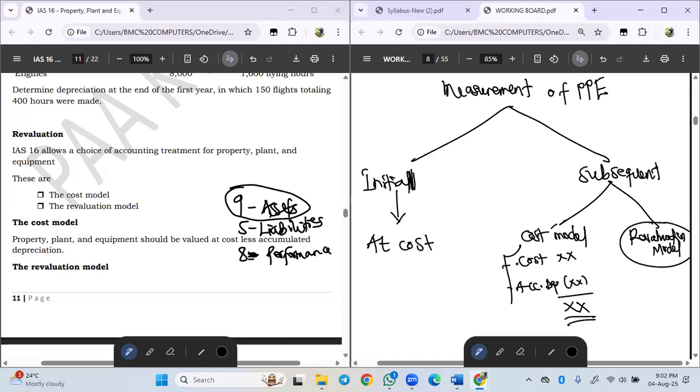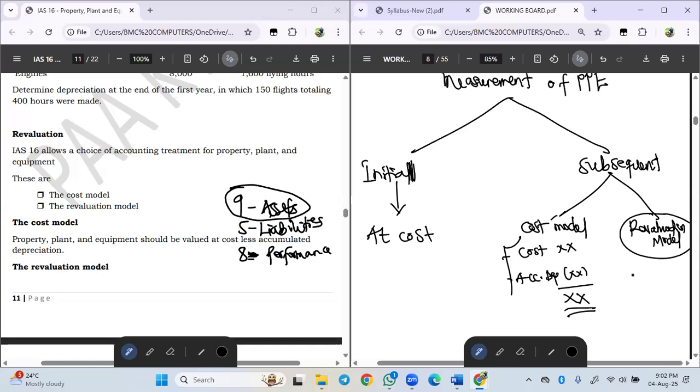Now, depreciation after revaluation. When you revalue your assets, the depreciation you are going to charge from there will be based on the revalued amount, not the cost. So the depreciation after revaluation will be the revalued amount you have in the question divided by the remaining useful life.